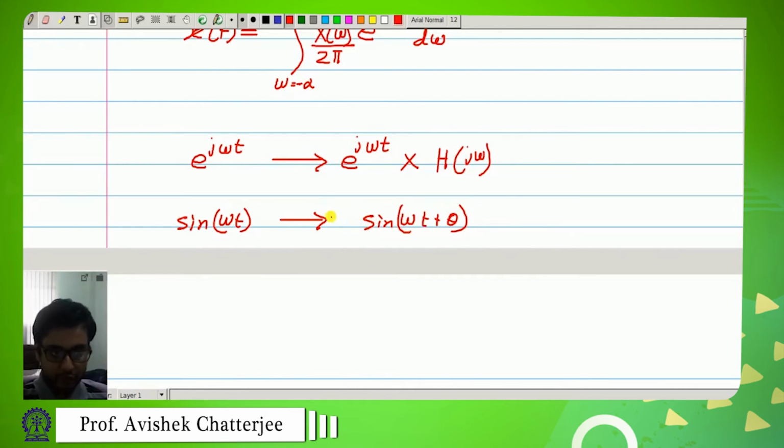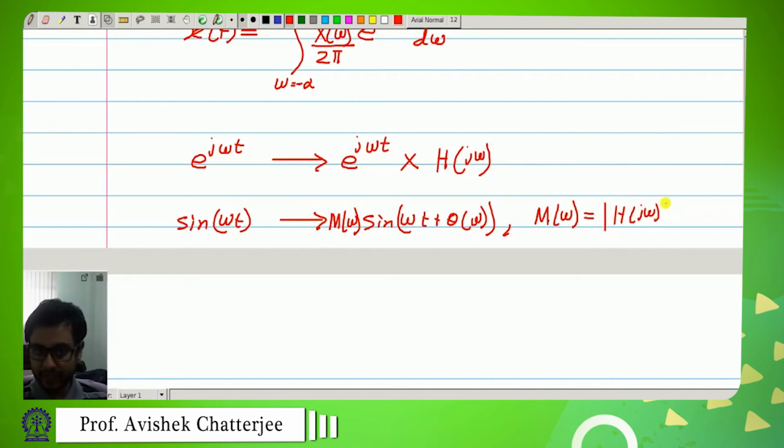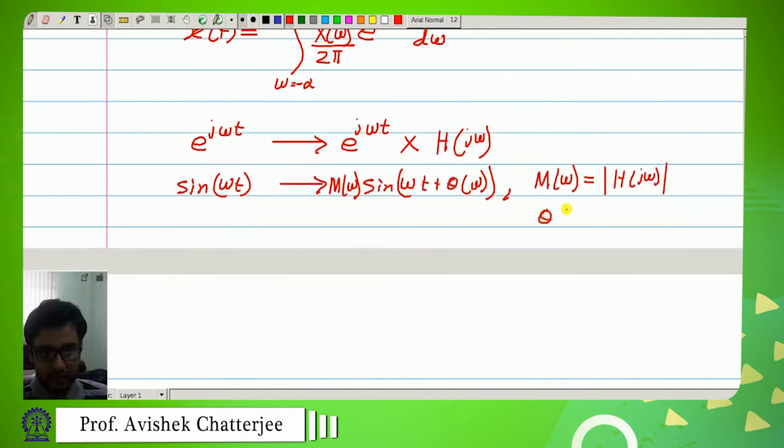M depends of course on omega. Theta also depends on omega, where M is nothing but the magnitude of H(j omega) and theta is the angle of H(j omega).